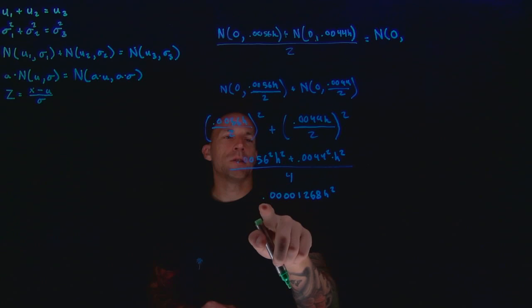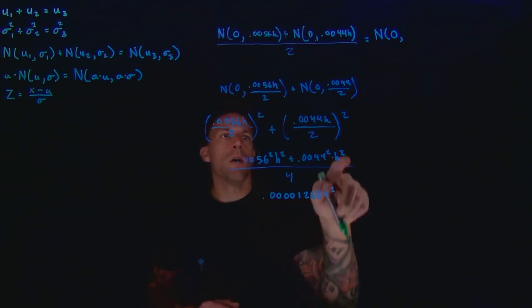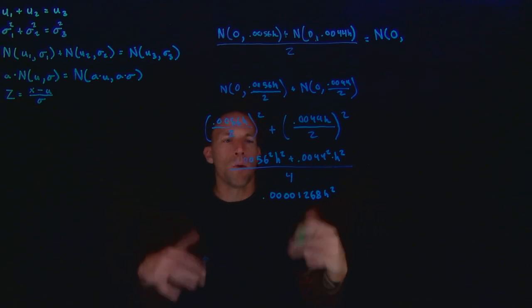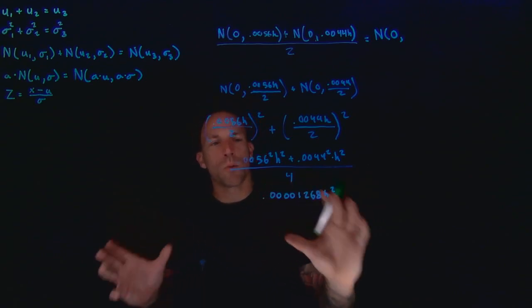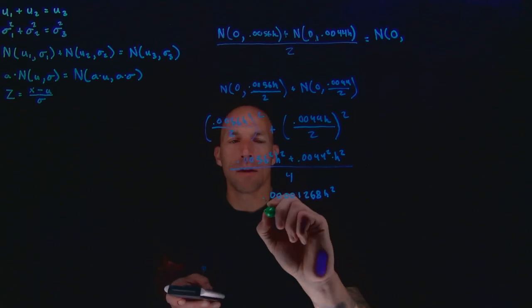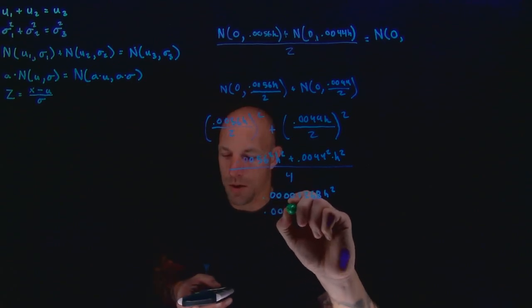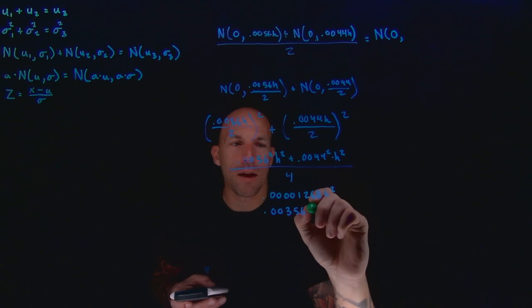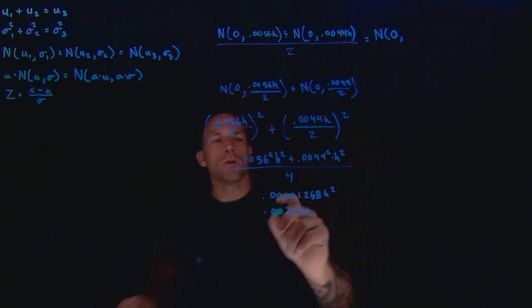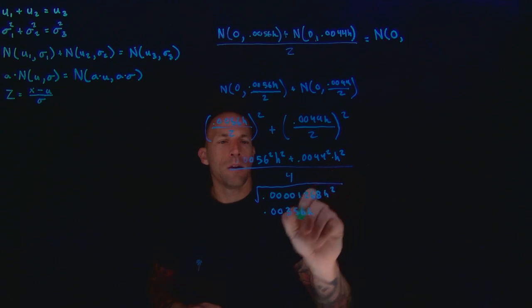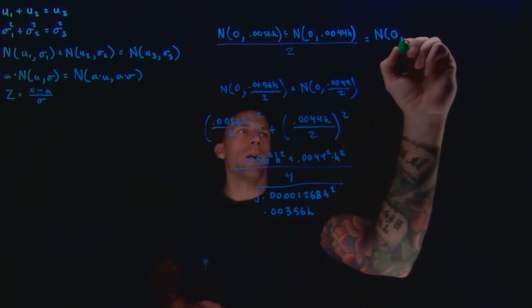So this is the variance of our new normal, but we don't want the variance, we want the standard error. So we're going to take the square root of that value, and that gives us 0.00356 and some dust on the end, h. So you square root here and get the standard error.